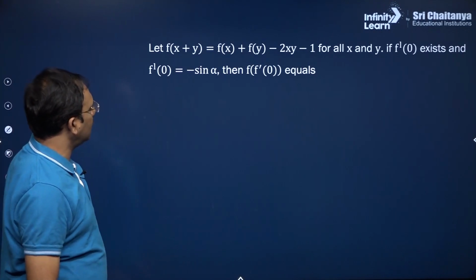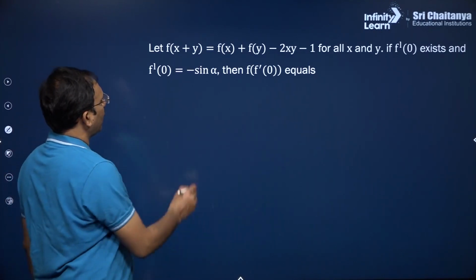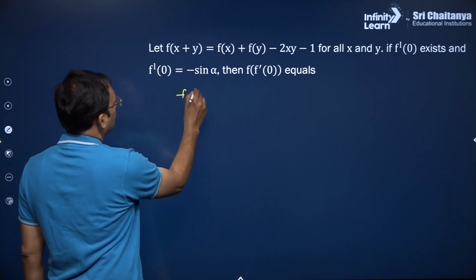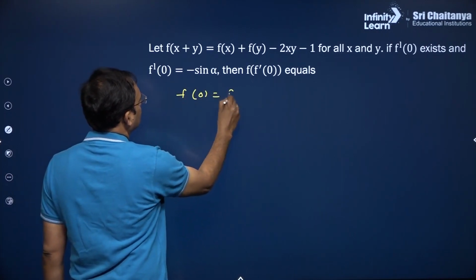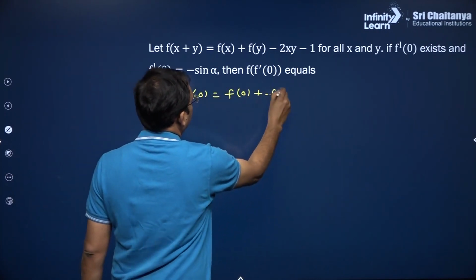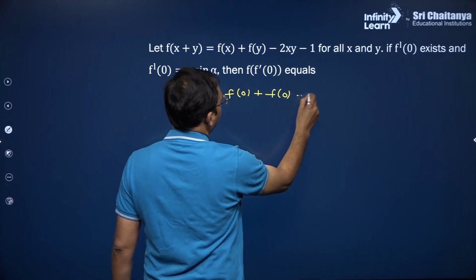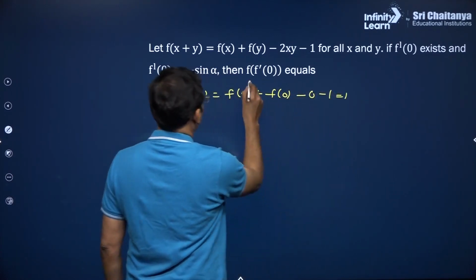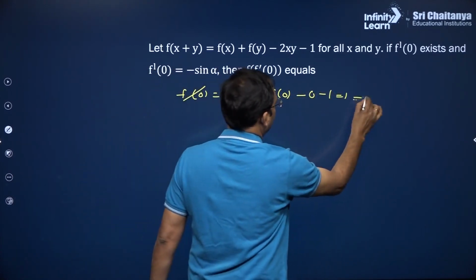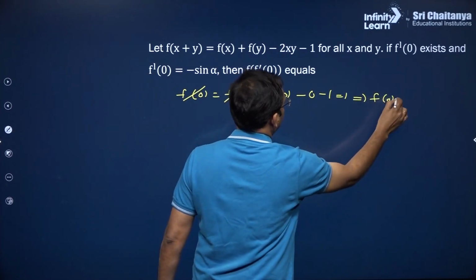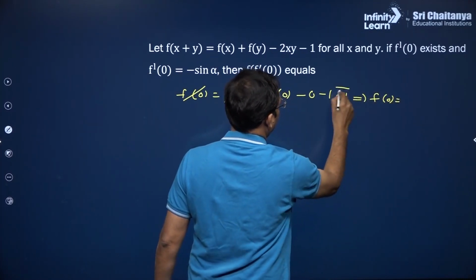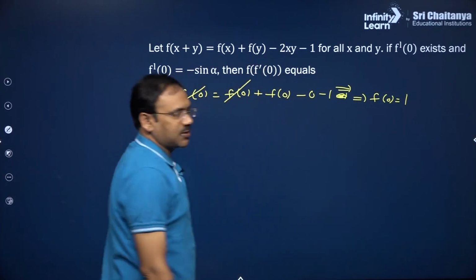You just find, my dear friends, f of, you put x0, y0, what will you get? f of 0 is equal to f of 0 plus f of 0 minus 0 minus 1. So these two get cancelled, you will get f of 0 is equal to 1, first observation.